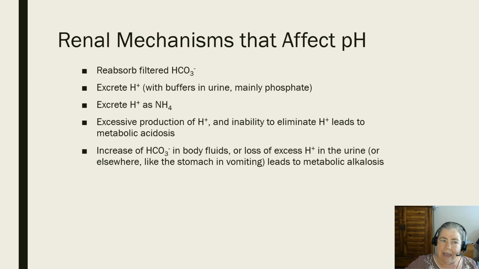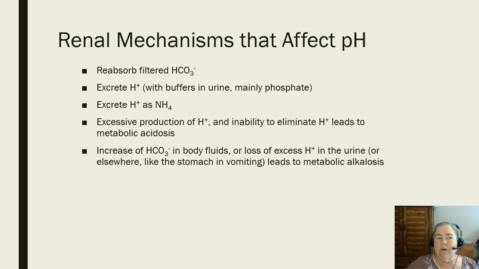We talked about how the kidneys can excrete hydrogen ions. And there are a couple of ways that that happens, and we'll go into a little more detail. But those hydrogen ions that are put into the lumen are traveling with the buffers in the urine, which is mainly phosphate, particularly late in the tubule because the bicarb has been largely reabsorbed.